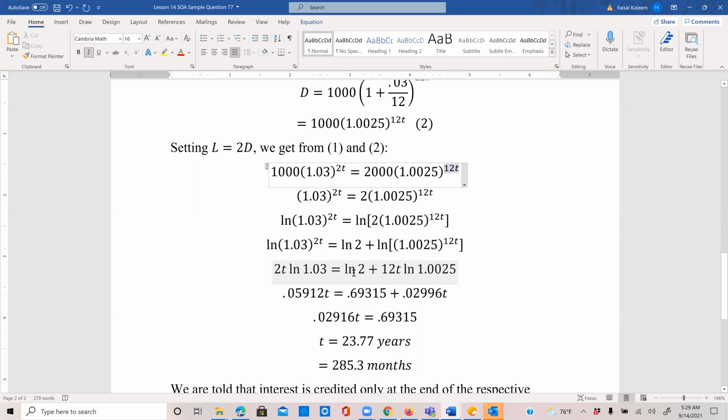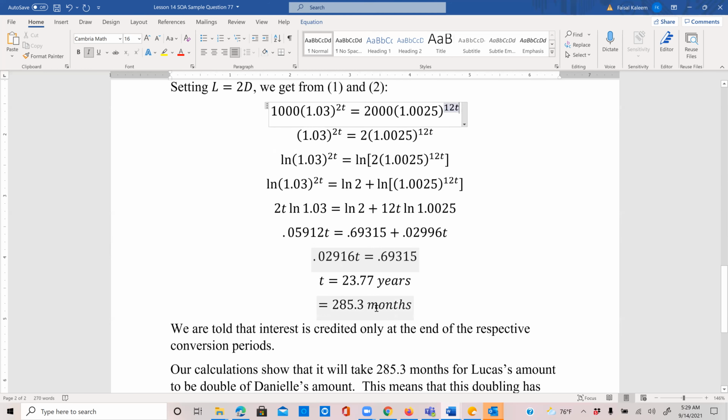Similarly here, we find the value of ln 2, and here we find ln 1.0025 and multiply it by 12. Then we combine the two t terms by bringing this one over to the left and subtracting. Finally, we get t is 23.77 years. So we multiply it by 12 to get 285.3 months.